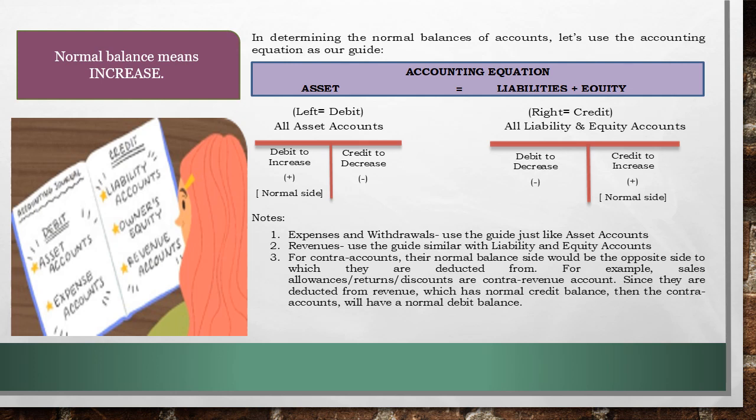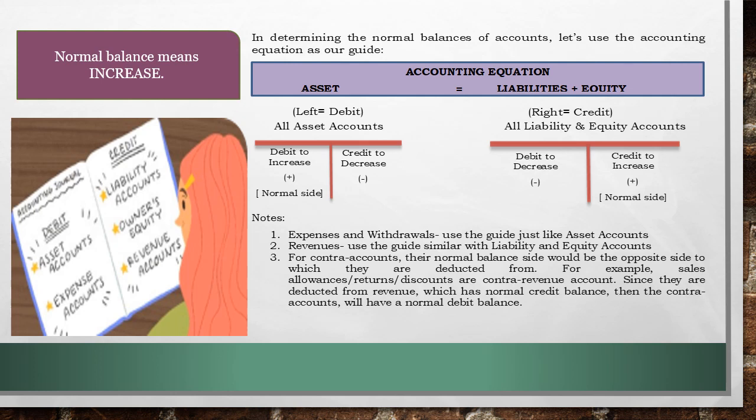For contra accounts, their normal balance side would be the opposite side to which they are deducted from. For example, sales allowances, returns, and discounts are contra revenue accounts.